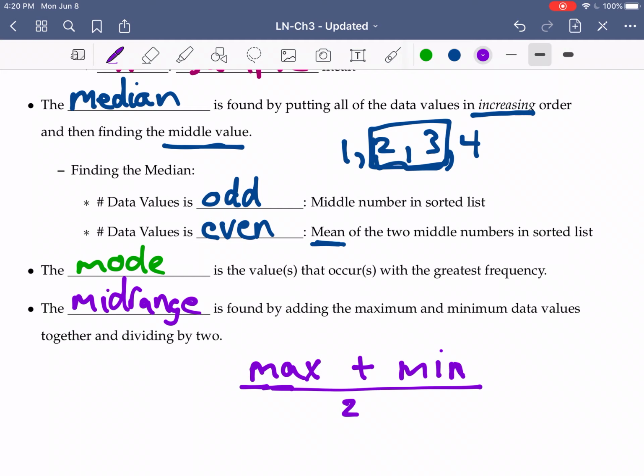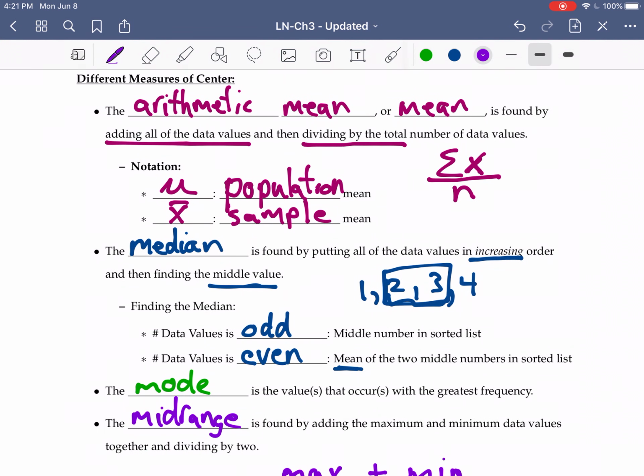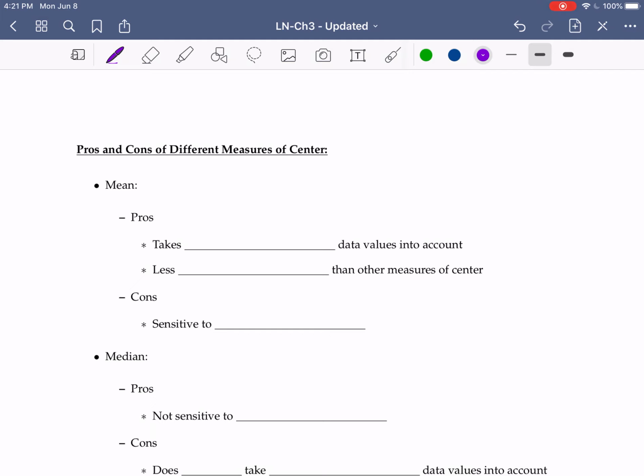All right, let's take a look at some pros and cons of each of these 4 different measures of center. For the mean, one pro is that it takes all precise data values into account.